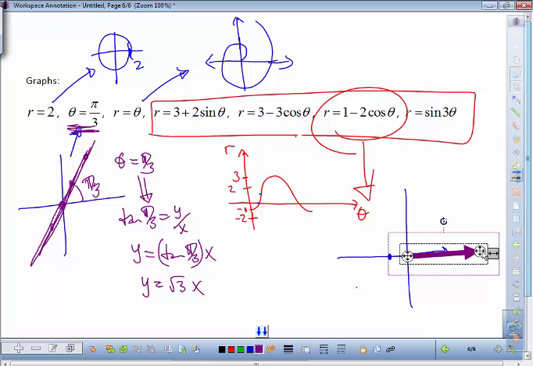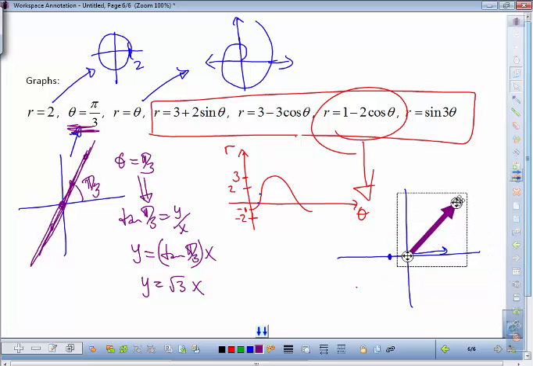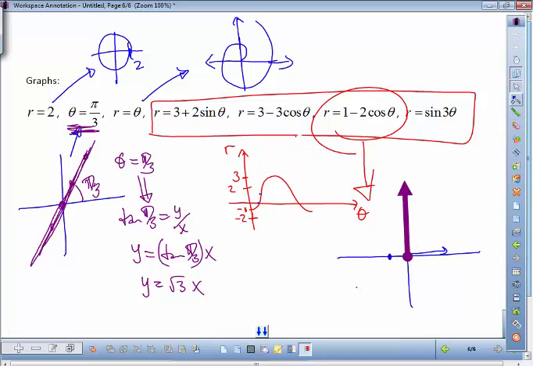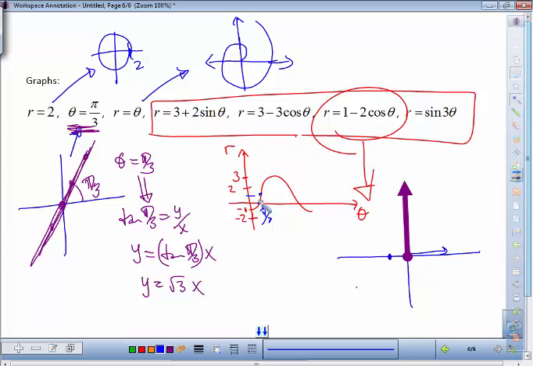As this is turning, before I get to pi over 2, I'm going to cross the origin, because I shifted it up. By the time I get to pi over 2, my height is going to be, I think, 1, right? So by the time I get to pi over 2, I'm going to be at 1. Alex?